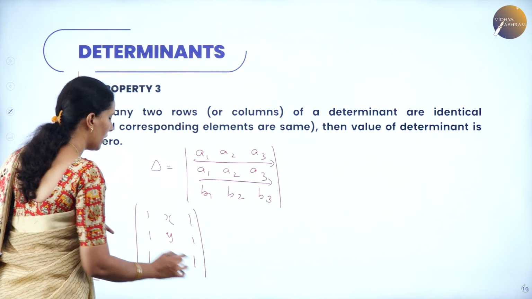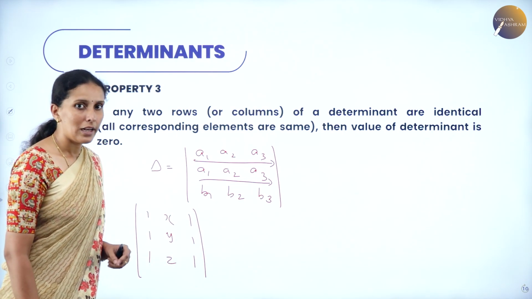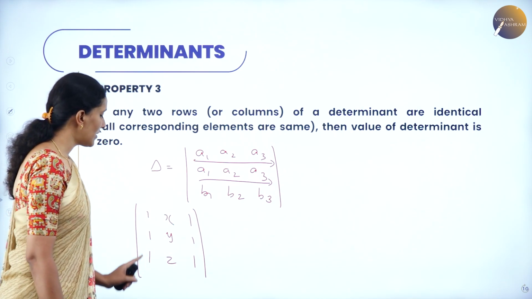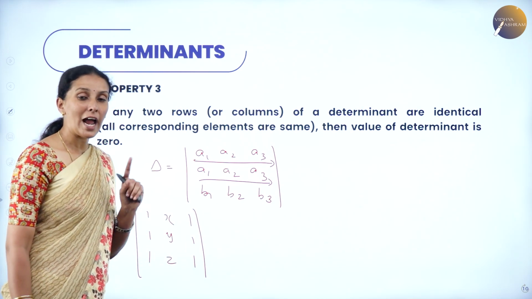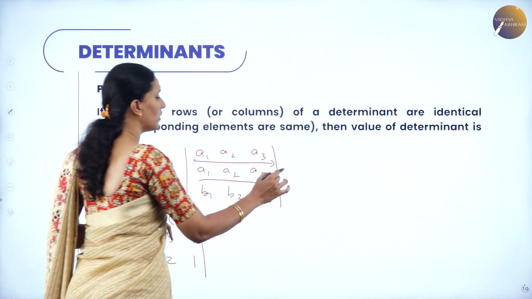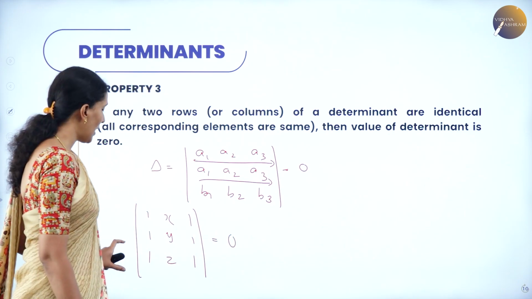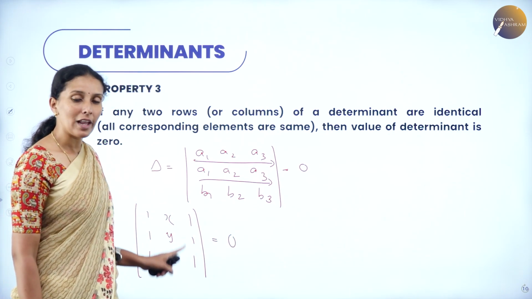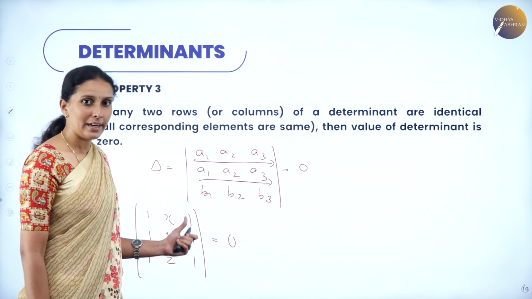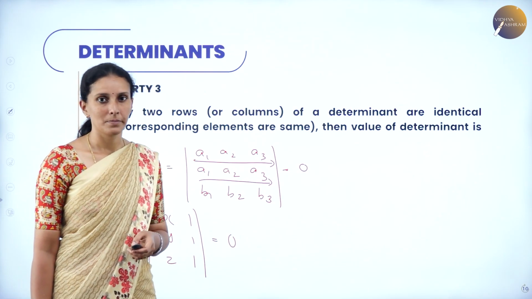Here the columns have the same elements: the first column and the third column elements are identical. They are one and the same. In this case, the value of the determinant is always equal to 0. So whenever you find the determinant in this form, you can clearly write the value as 0 because the elements are identical in any two rows or any two columns.